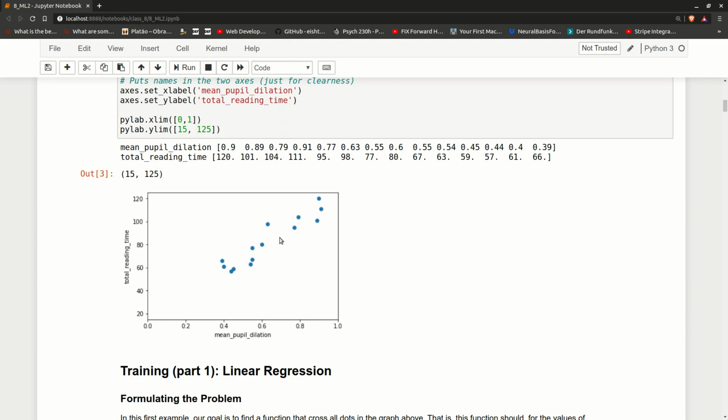The question is, what should be the value for the total reading time when the mean pupil dilation is 0.65? What we're going to do is have a model that is able to fit a line here. And then it will guess, oh, it should be here more or less, and put the value here. Then we are going to compare whether the value that the model gave is really the value that we got from the test set.